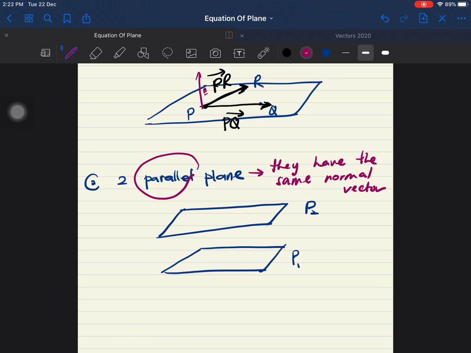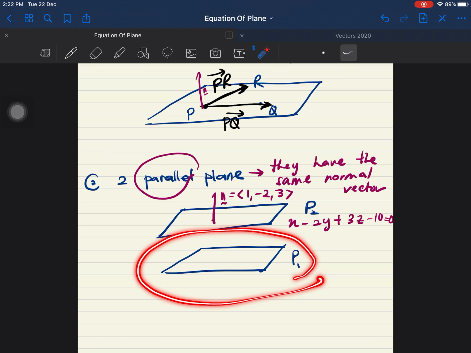Okay, so of course untuk plane 2 ni you diberi equation of plane. Let's say you have the equation, contoh you ada X tolak 2Y tambah 3Z tolak 10 sama dengan 0. Contoh. So you tahu the normal vector will be, so in this case your N is equals to 1, -2, 3.